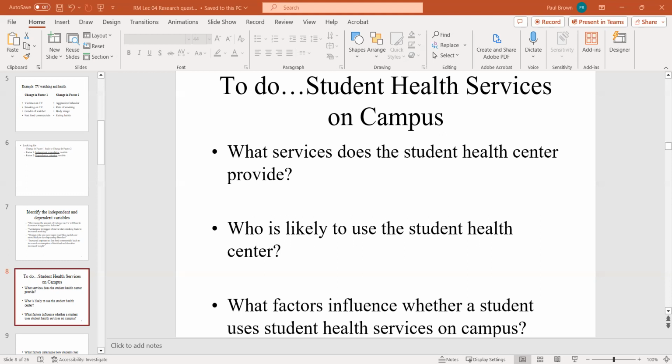So what we're looking at then is the use of basically STI testing, physicals, pregnancy testing.